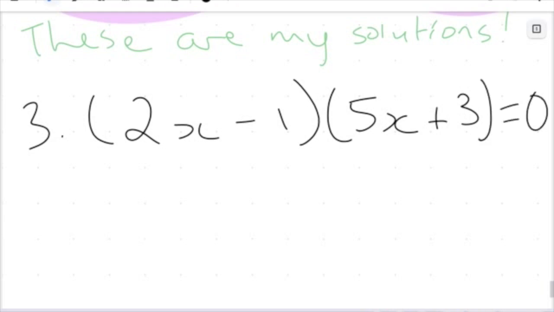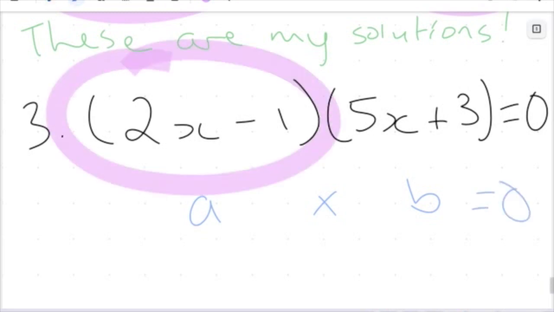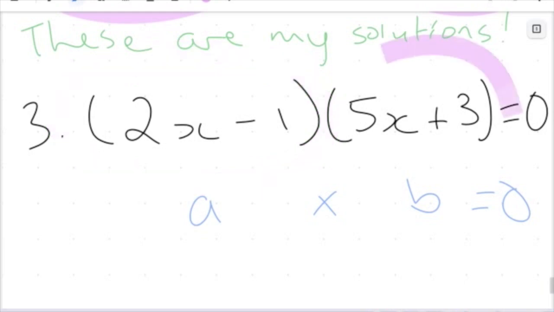Okay, now remember, by our null factor law, one expression, 2x − 1, multiplied by another expression, 5x + 3, can only equal 0 if this whole expression is 0 or this whole expression is 0.